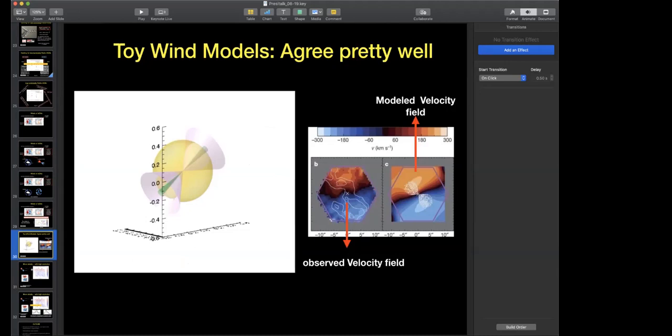No. This toy model is inspired from something called a Jeans anisotropic model or JAM modeling, if you have heard about it. What this does basically is it takes the stellar photometry, or the stellar light distribution, in a galaxy. Let's say I am trying to match the velocity field with this galaxy.